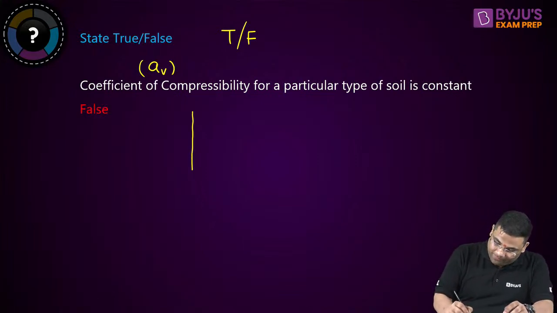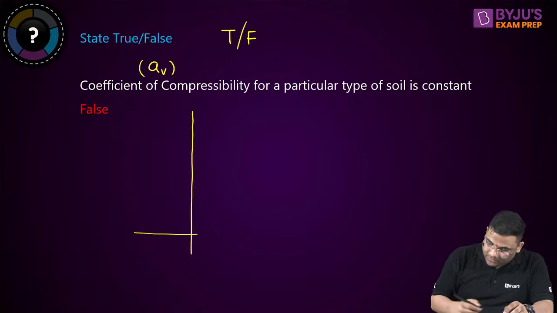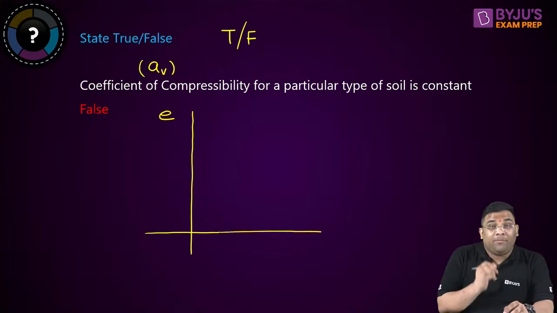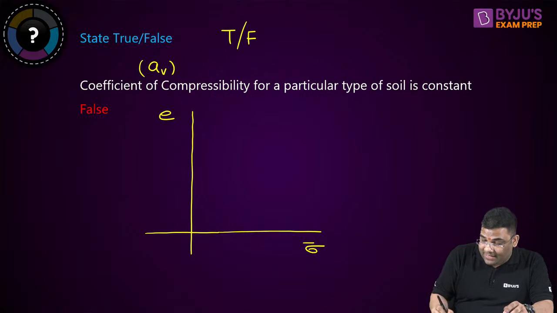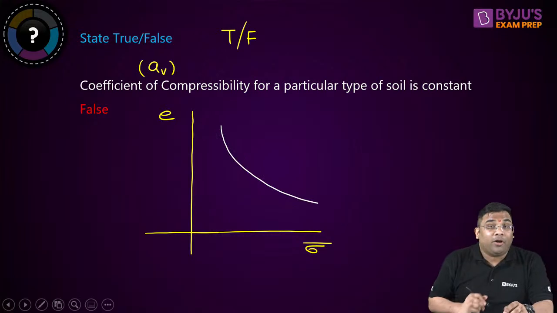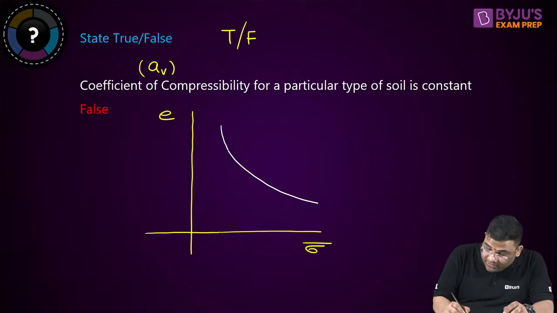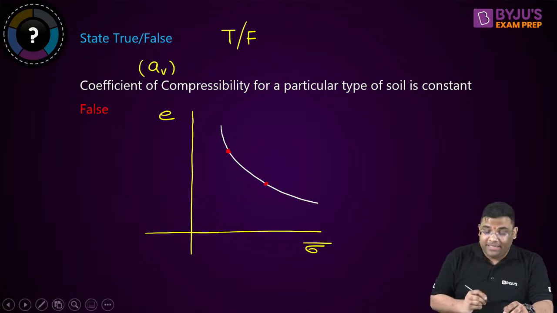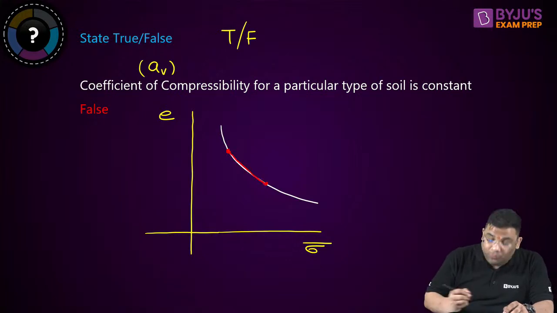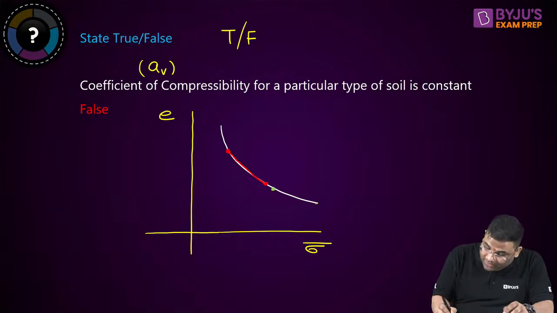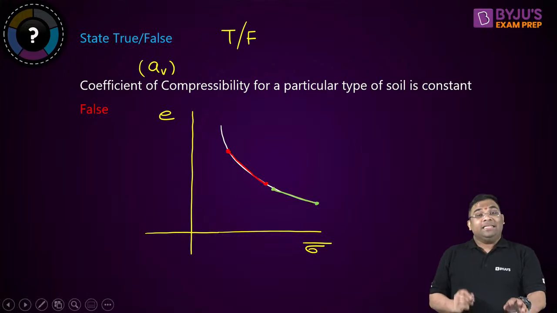You see, I'll explain why. In coefficient of compressibility, we are plotting between E and sigma dash, and we were getting a plot like this. Now, when I'm taking the slope, I'm choosing 2 points, right? Now you see the slope at these 2 points, and the slope at other points, is it the same?